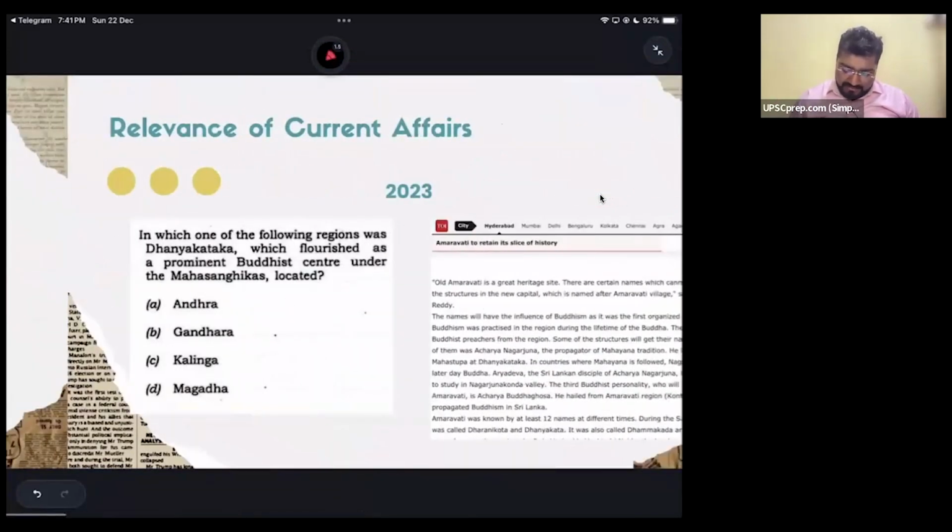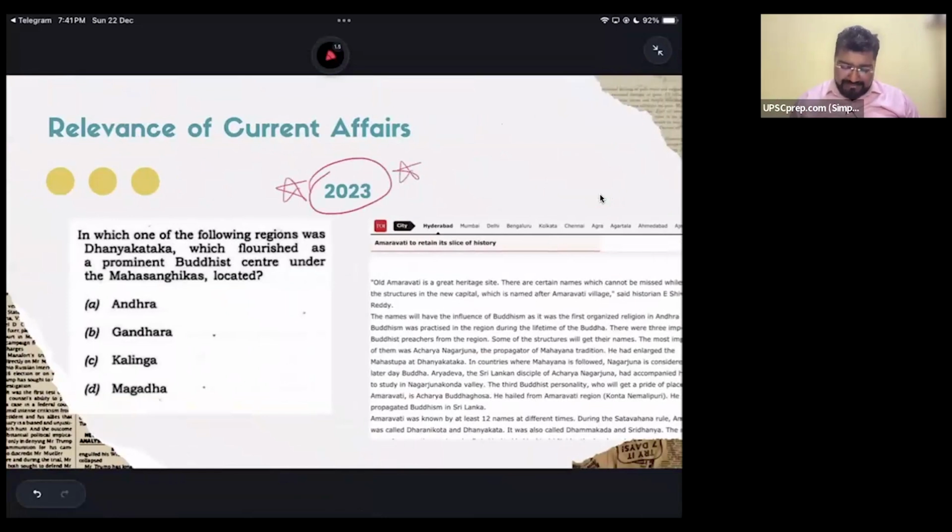Fine. Again, coming to the 2023 paper. In which one of the following regions was Dhanya Kataka, which flourished as a prominent Buddhist center under Mahasanghikas, located? Now, see, students, Dhanya Kataka I have covered earlier in our lecture, so students were able to solve it.